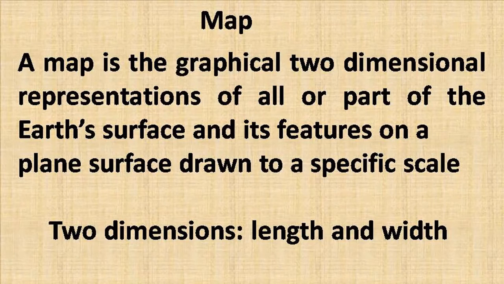A map scale is the relationship between distance on a map and distance on the ground. Thus, scale helps us to reduce the whole or a portion of the Earth to a size which is convenient to present on a plane surface or a paper. In a simple map, there are two dimensions. These two dimensions are the length and width.